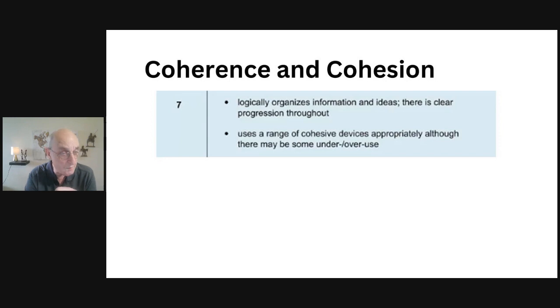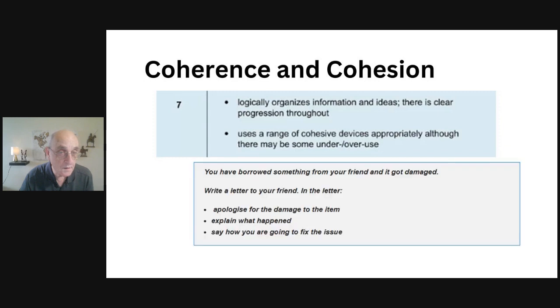And this simply means that you transition from one paragraph to another effectively, or from one sentence to another. It has a logical flow, and you demonstrate these cohesive devices, which is vocabulary, for joining your ideas together.